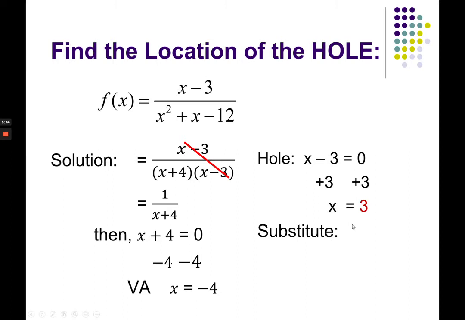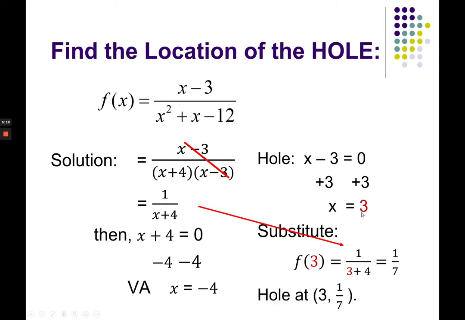We are going to substitute 3 into the simplified form of the function, because if we use the original one, it creates a 0 and so it's undefined. Instead, we use the simplified form wherein it does not become undefined. So if you plug in 3 for x, it becomes 1 over 3 plus 4, and so it's 1/7. Remember, the function is y, and therefore the location of the hole is at (3, 1/7).